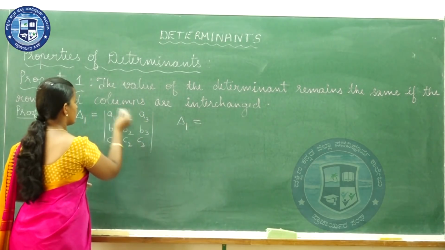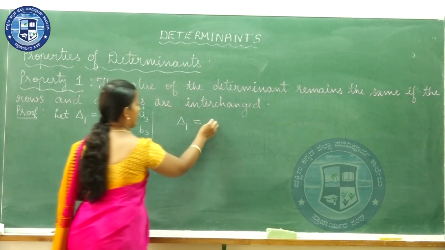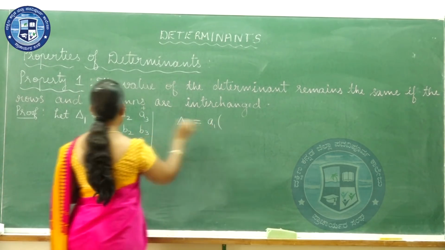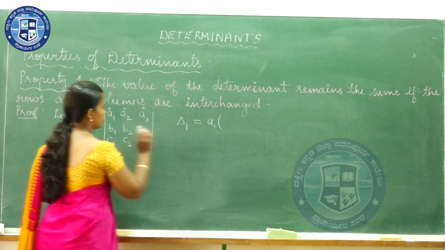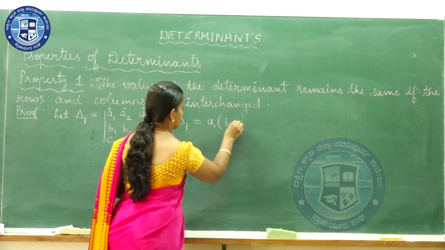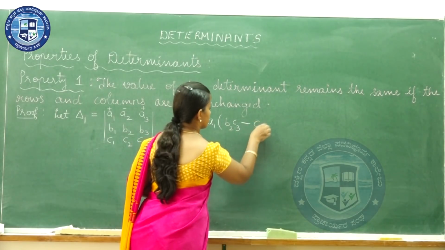Expand this about the first row, plus minus plus. So A1 into, delete this, so what will remain? B2 C3 minus C2 B3.